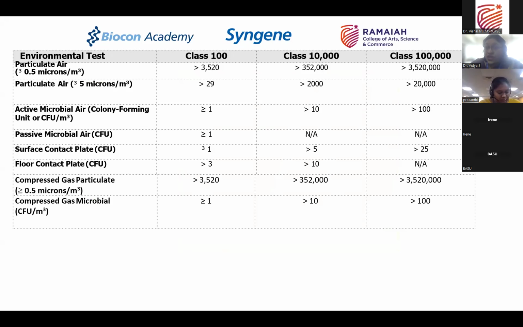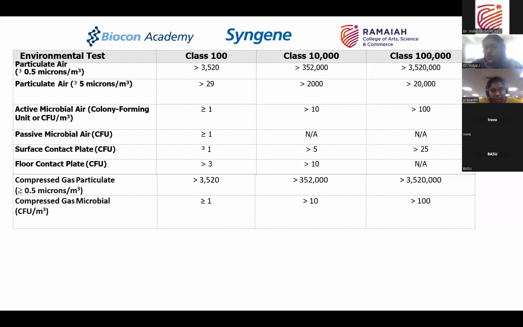Okay, so these are for the particulates. Particulates are all the inorganic particles. It can be hair, dust, or salt particles in the air. In a class 100 area, less than 3,520 particles. Class 10,000 means per cubic meter I'm going to have approximately only 10,000 particles, not more than that.